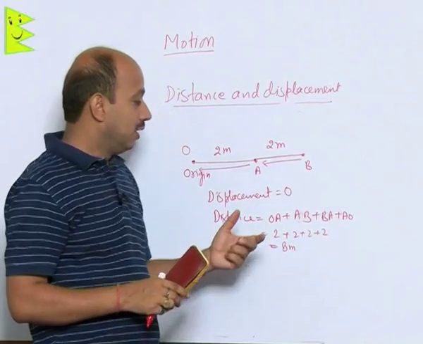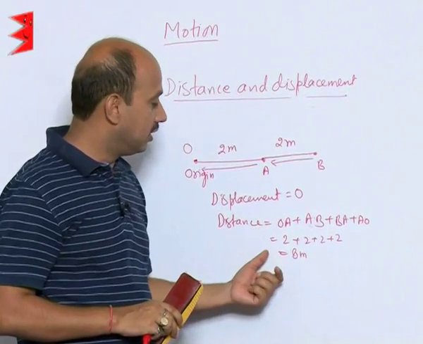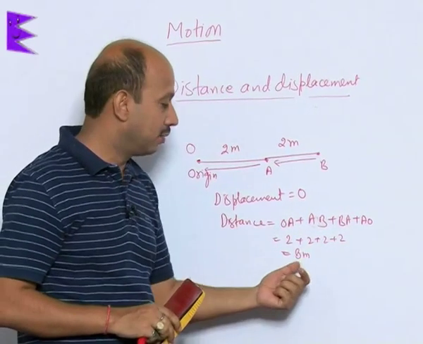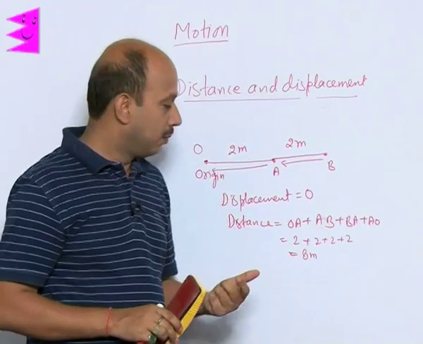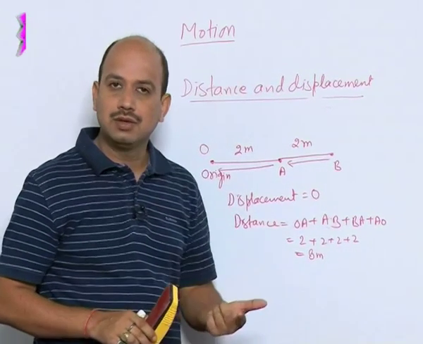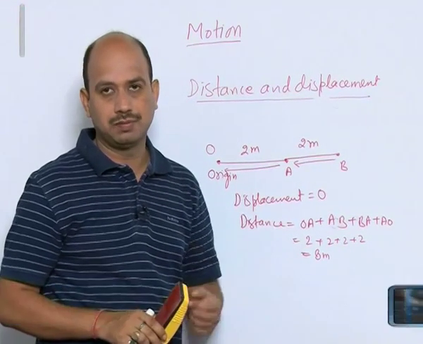So, here displacement is 0, but distance is non-zero, that is 8 meter. Distance and displacement both are measured by the same unit, that is called meter. So, SI unit of distance and displacement is meter.